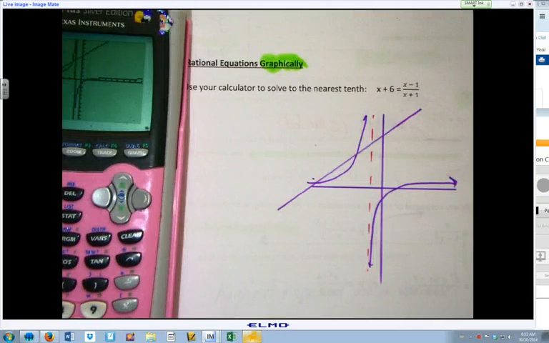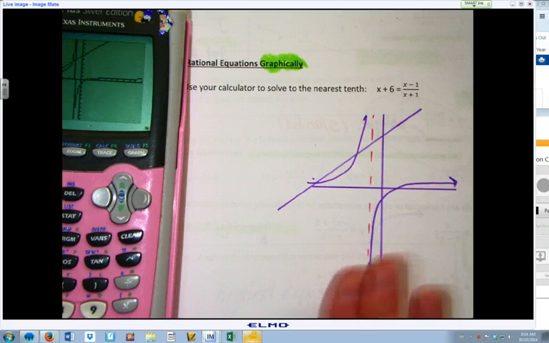Okay, so there's a rough sketch. I'm not putting any specific values down. It's not exact. It's a rough sketch of what you see. Note that even if your calculator didn't draw the asymptote, you need to draw it because you know better than your calculator and you know that it's there with the rational graph.